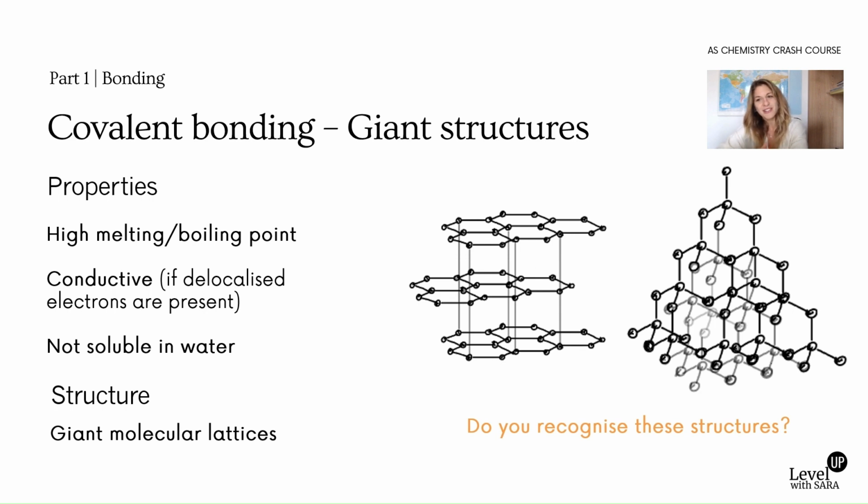Do you recognize this structure? I hope you do, because this is graphite and this is diamond. Giant structures are not many examples, but carbon is the main one, and all its allotropes. We've seen graphite, a single layer of graphite. Diamond is another one.